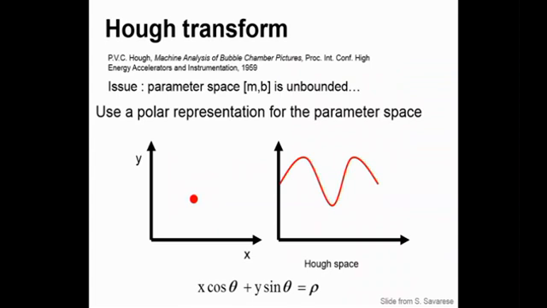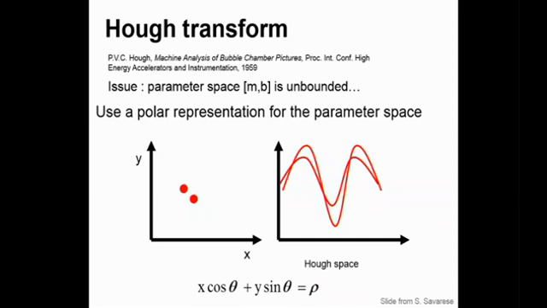Here we use a polar representation, which is basically thinking of the line as having some distance to the origin and some angle. You represent a point on the line as x cos theta plus y sin theta equals rho, where theta is like the slope, and rho is the distance of the line to the origin.